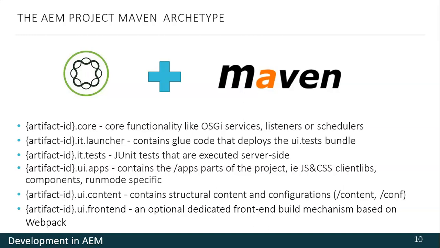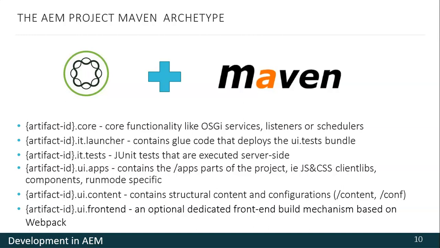Java bundles containing all core functionality like OSGi services, listeners or schedulers, as well as components related to Java code such as servlets or request filters. Apps. This part contains the apps part of the repository, which are client libraries, components and templates, run mode specific configuration, as well as tests.